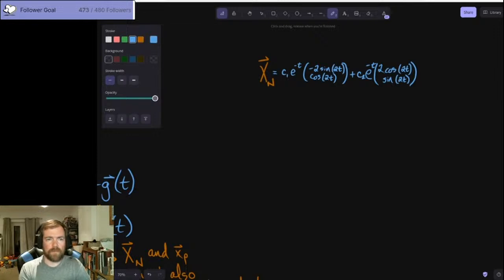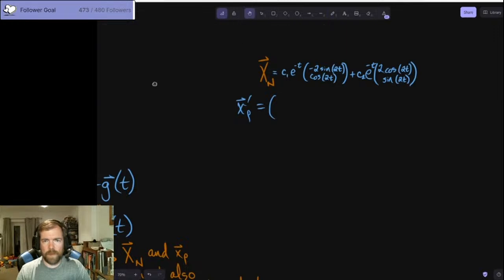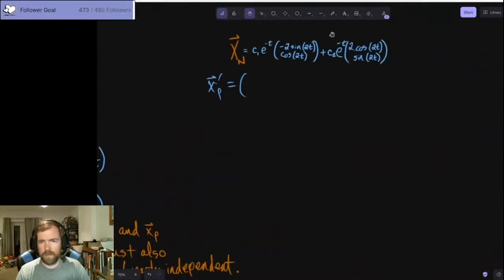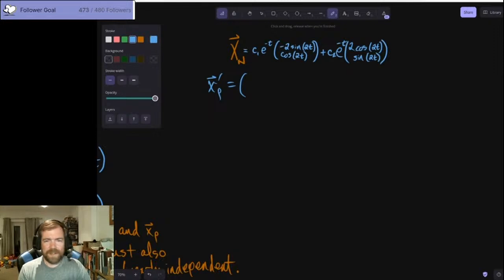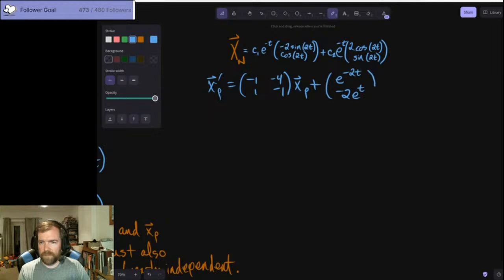Okay. Now we said that we need to have additionally a particular solution whose derivative is equal to the matrix [-1, -4; 1, -1] multiplied by our x particular, plus e to the -2t, -2 e to the t.